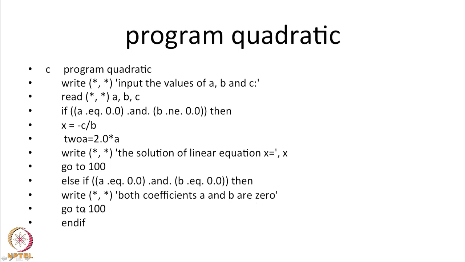Go to 100 is the end of that program, and then you will end if. Now, suppose both these conditions are not satisfied, that is, the value of a is not 0. Then you will go to the next line after this end if statement only if a is not equal to 0. That means it is a real quadratic equation.